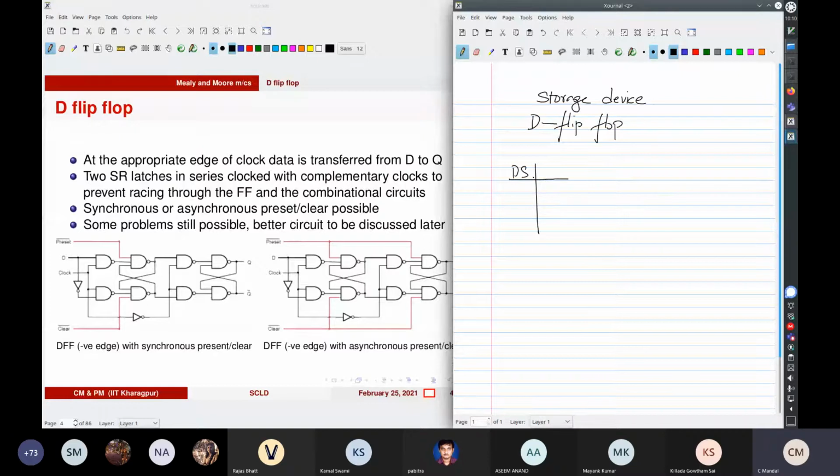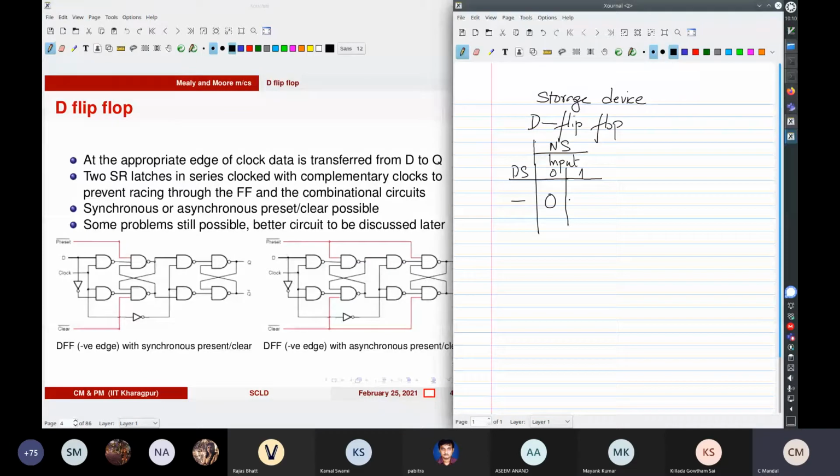Whatever be the present state, your input. So this is your present state and this is actually the next state. Whatever be your present state, if your input is 0, your next state is 0.